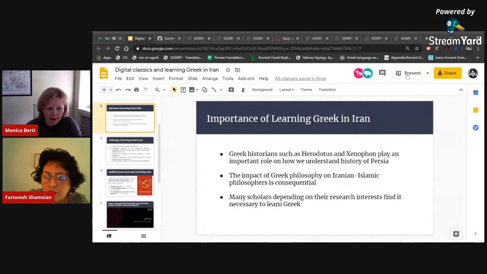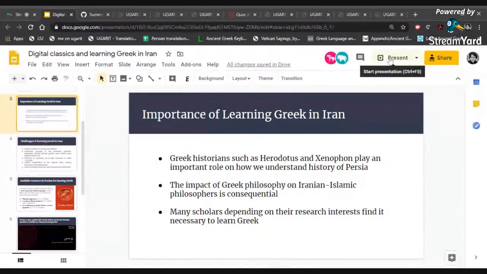I will be mainly discussing the methods that we used, mostly the digital tools, and the results, especially the translation alignments that a student did as a midterm exercise or practice in a way. So I'm going to share my screen.